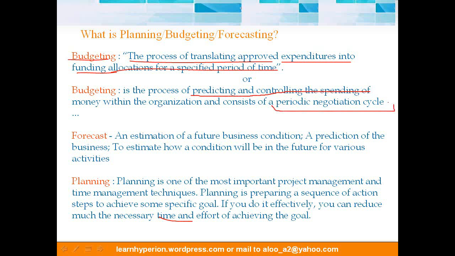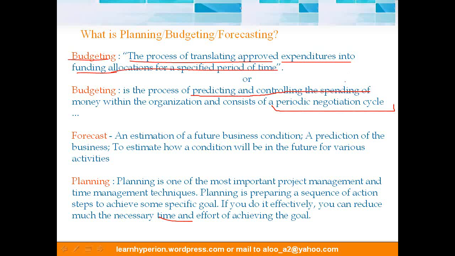Because for your need, you request your CFO department, I need X amount. The department doesn't approve it. It gives you some other amount. So a negotiation happens between the entity which allocates the amount and the entity which requests it. There are two entities. It goes through multiple negotiation cycles. It would be very simple, right?